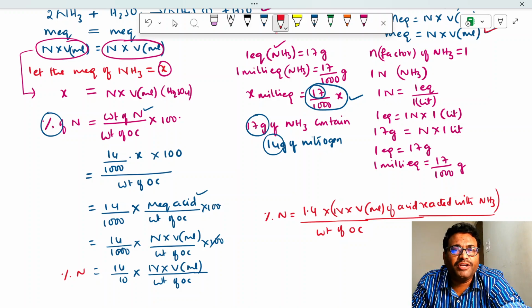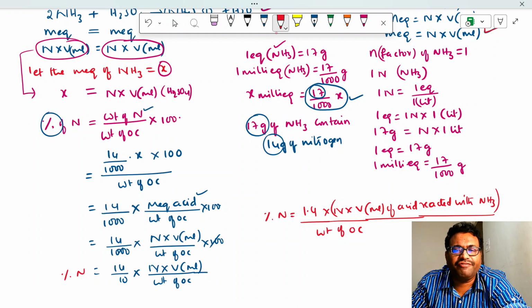Deriving the formula may not be used for calculation, because in our examinations, whether it is JEE Mains or Advanced, we will be asked questions based on the application of the formula. But once you derive it, we will know how it is derived, and we will be able to remember the formula. Understood? Right?